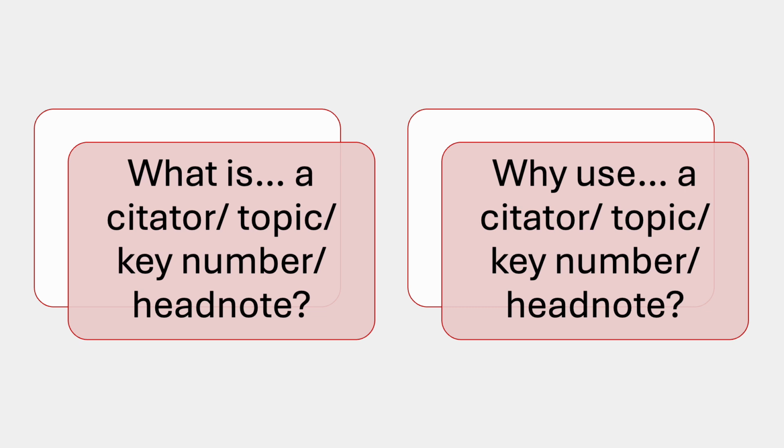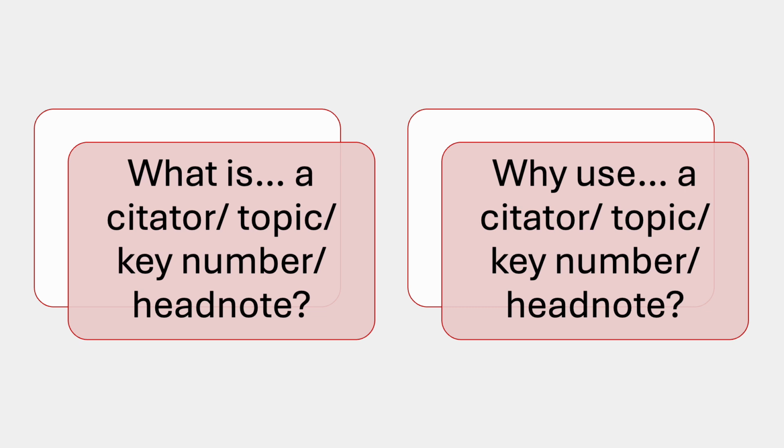So why are you using these things? Again, these are all indexing tools, regardless of whether you're using any of those citator tabs throughout that top search line that you see on Westlaw and Lexis, whether you're following a topic or a key number or a headnote.